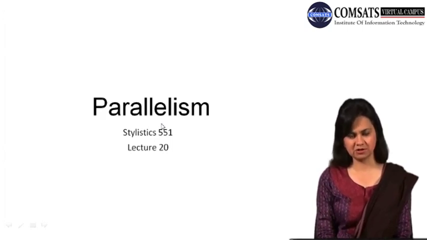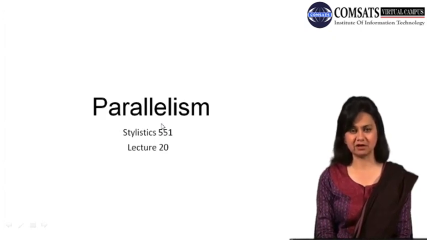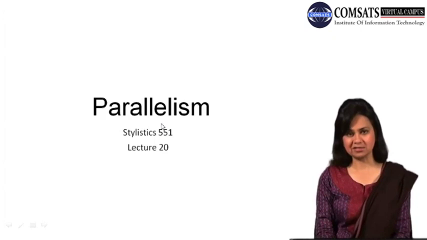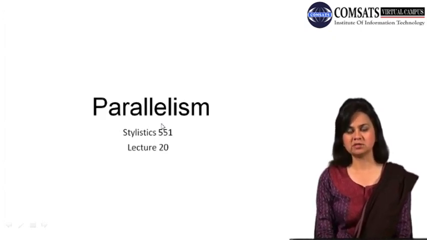As in the last lecture, we looked at certain functions of parallelism with respect to the element of identity and contrast. Now, the element of identity that is associated with parallelism mostly occurs in poetry for the sake of creating rhythm, balance, order and rhyme in a poem, and also to help us remember the concept or the idea that the poet presents.